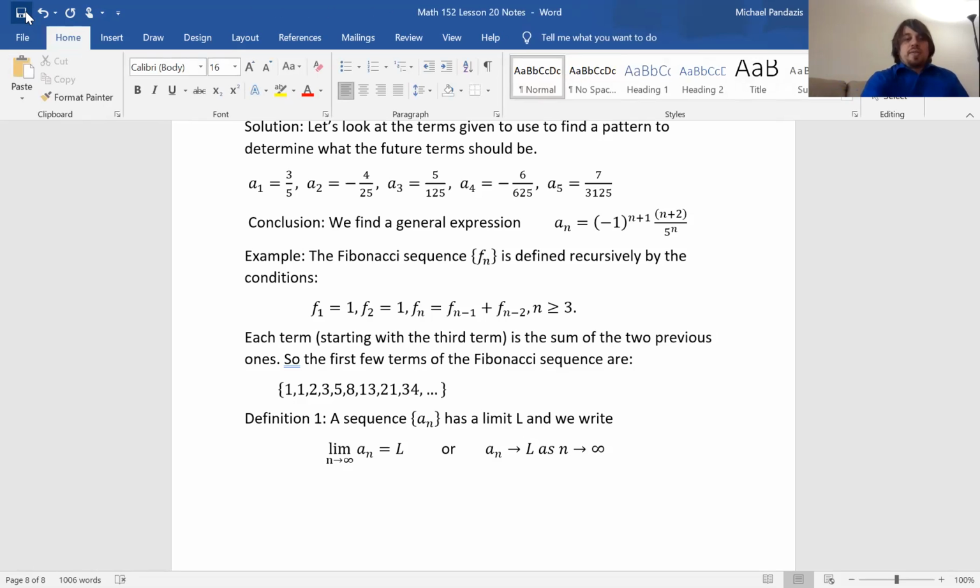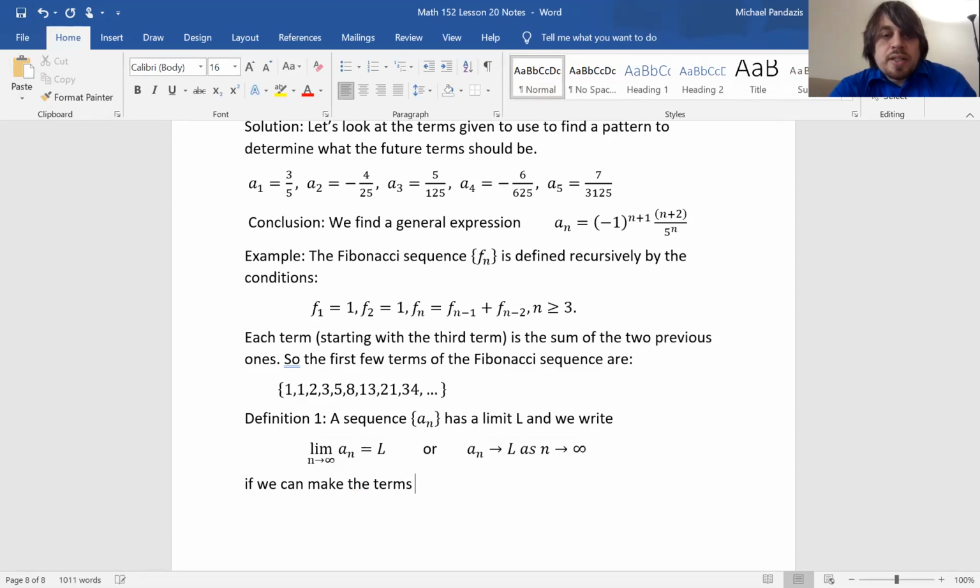These are two notations for saying a sequence A sub n has the limit L. So, definition: a sequence A sub n has limit L, and we write this or this, if we can make the terms A sub n as close to L as we like by taking n sufficiently large.